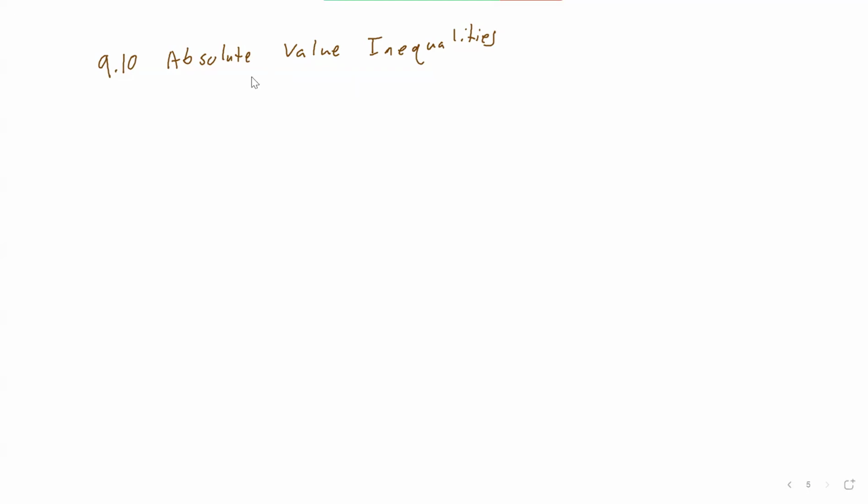So we're going to solve, graph, and write in interval notation. First one up, absolute value of x less than 3.